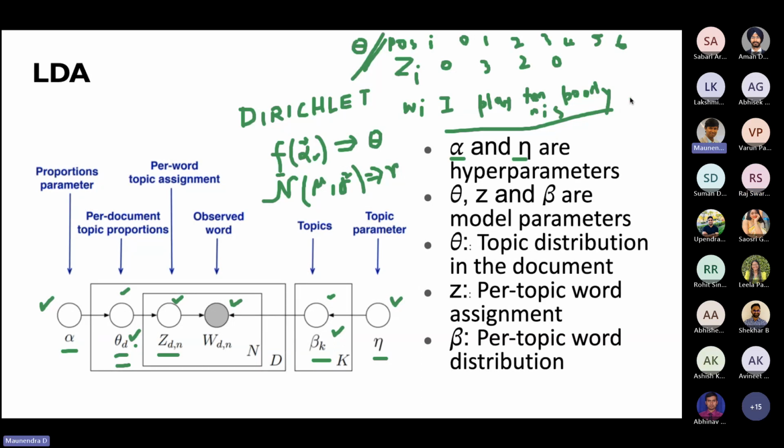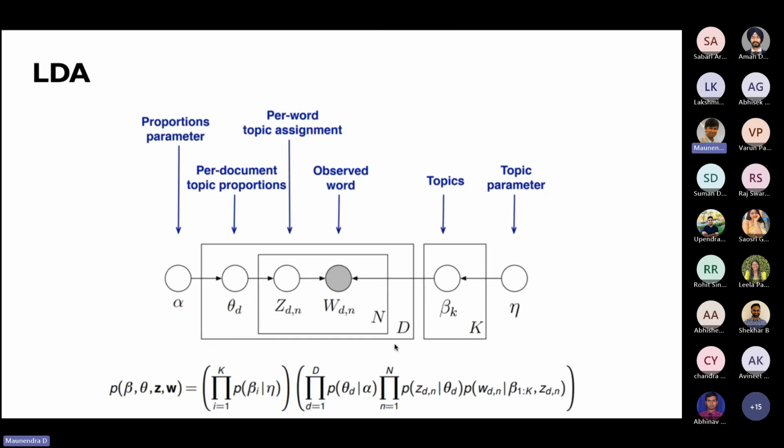Okay, now the problem is how these values are found out. Now this exact thing we will not cover. This requires the understanding of a few sampling techniques and estimation techniques. At a high level, this is done by using Gibbs sampling.